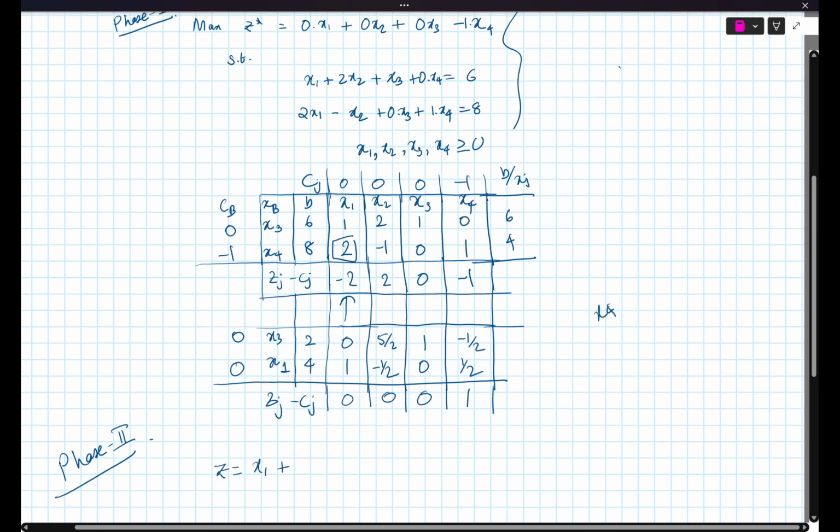The b value is 5 and 4, and basic variables x3 x4. So if I do b by the entering variable, to get the departing variable, I get 5 by 2 and 4. So this is smaller. This is my pivot.